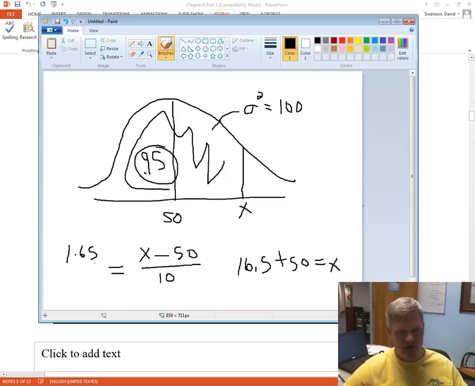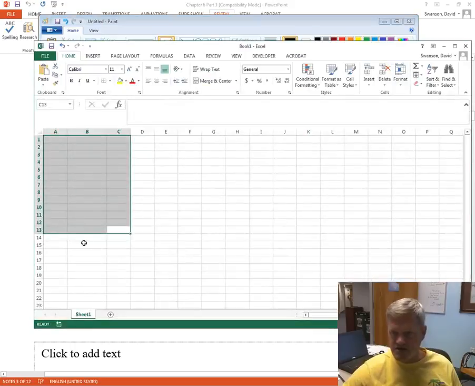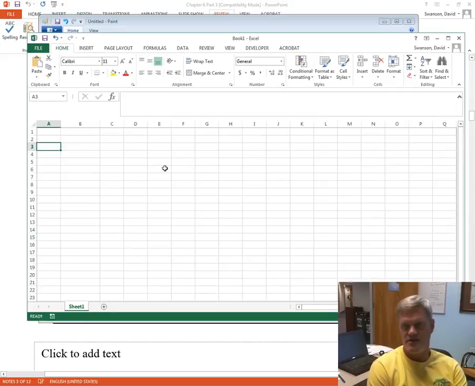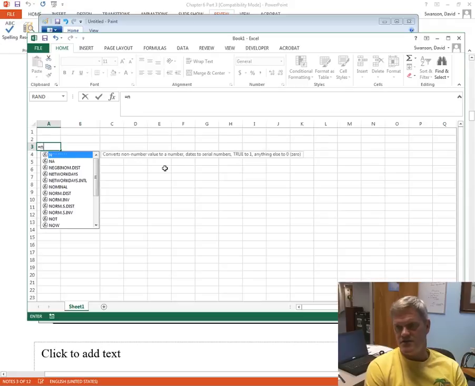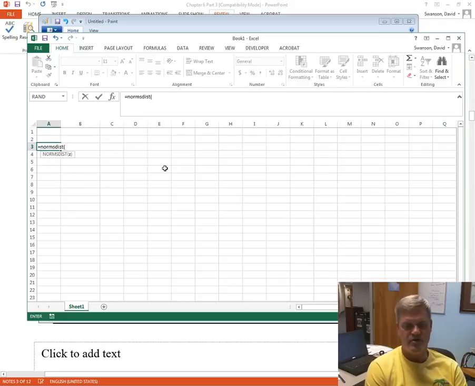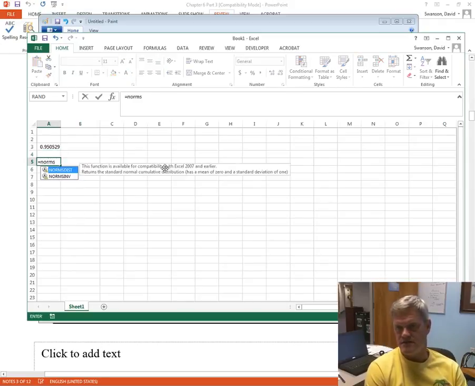Real quickly, because I think the video is getting a little longish, let's pull up Excel. There are two commands that you can use to get those same z values. It is NORM.S.DIST, and I can put in a z-score like 1.65, and it will tell me the probability, 0.95, or I can use NORM.S.INV, and I can put in a probability.